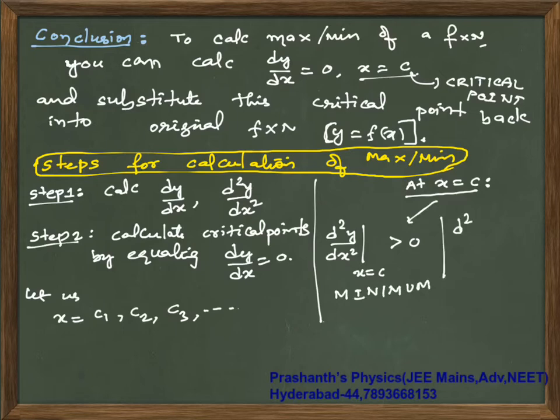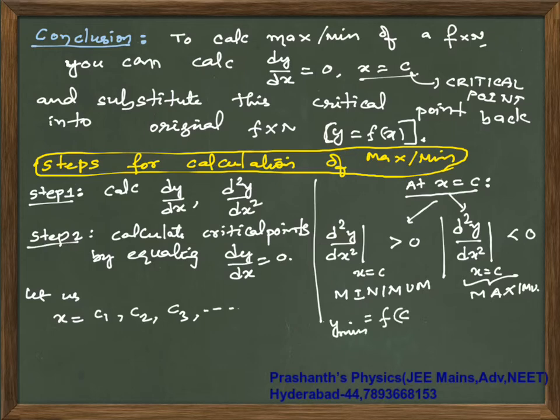And if d square y by dx square at x equal to c is less than 0, you will have a maximum. Y min is f of c, and similarly y max, substitute the critical point into the original function. Remember these steps, take a minute to memorize them, then using this we will do the calculations.